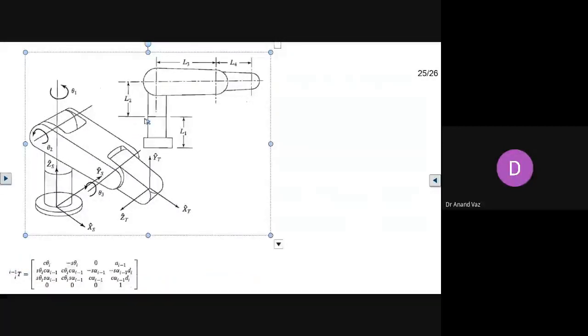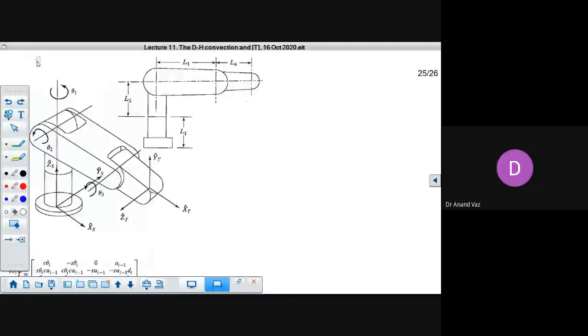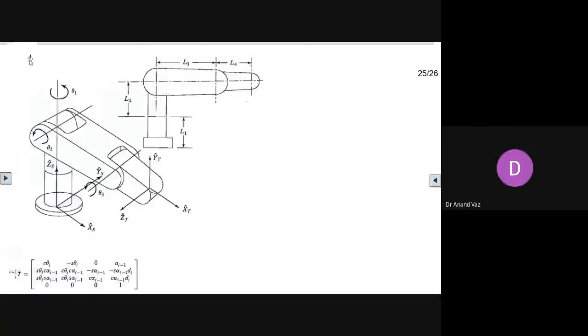It's a schematic of the PUMA manipulator arm. What we are doing now is just an example on how to fix the frames on the links using the Denavit Hartenberg convention. I've also reproduced the transformation matrix just for reference.